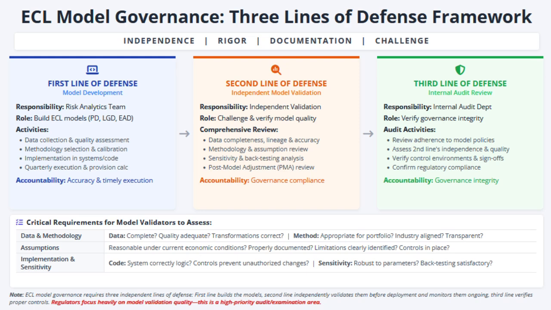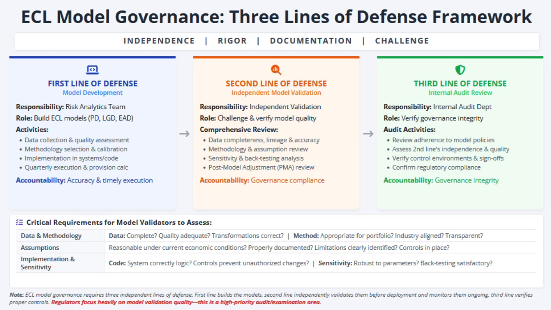Their job is to comprehensively review the entire model development process and challenge the assumptions. A good validator will assess data quality across all the stages of extraction, transformation, and feature engineering. They'll evaluate whether the chosen methodology is appropriate for a specific portfolio. They will test whether the model output aligns with the observed outcomes through backtesting and sensitivity analysis.